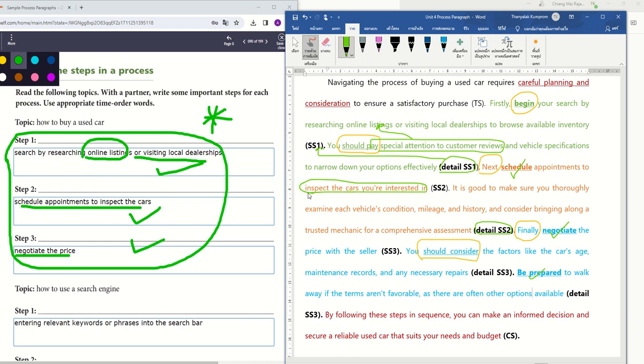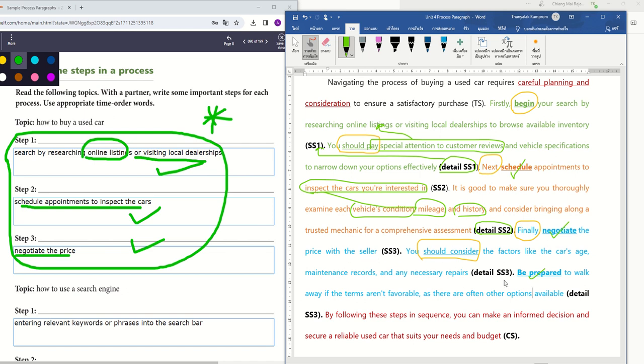So when you go to the second-hand car dealer, you need to concern about what? You need to concern about vehicle condition, mileage, and history.